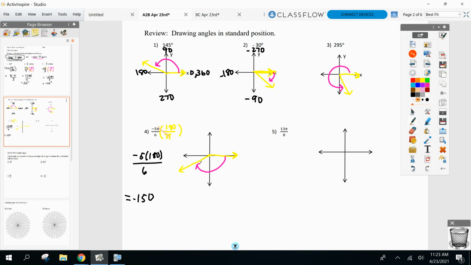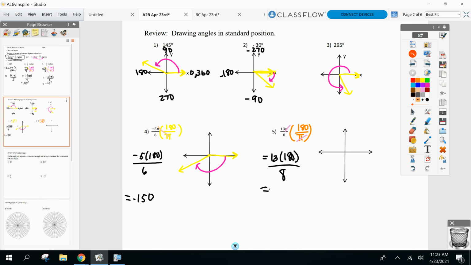All right, one more radian here, number 5. 13 pi over 8, convert it into degrees. Yeah, you get a little decimal action here. It's all right.